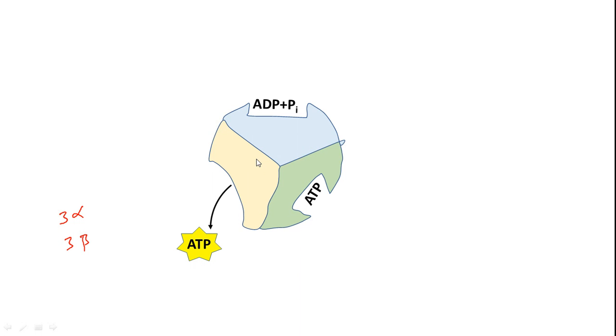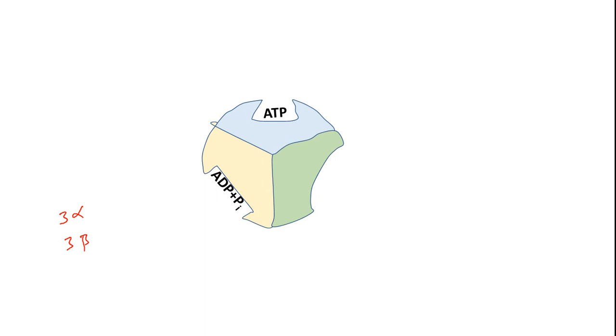Okay, conformational changes are happening over here. As the protons are still moving through the ATP synthase, the ADP and inorganic phosphate have now become ATP, and from here the ATP has been removed, and now here, because it was open state earlier, it has now accepted ADP and inorganic phosphate, so that it is now in the loosely bound state.